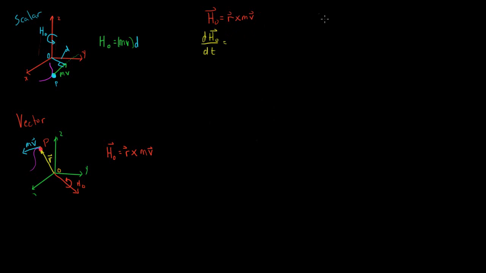And the product rule is, if we have these two vectors, u and v, and we're taking a cross product of these two vectors, the derivative of this cross product with respect to time is going to be equal to the derivative of the first vector with respect to time crossed with the second vector, so the derivative of u with respect to time crossed with v, plus u crossed with the derivative of the second vector with respect to time.